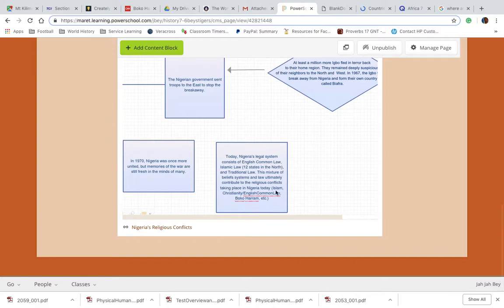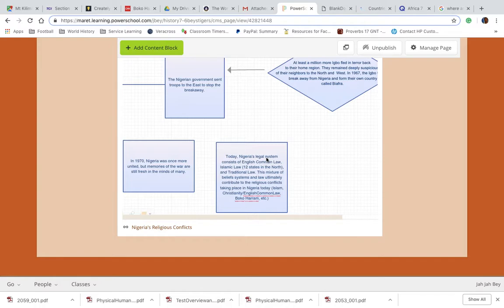Now, in regards to the religious conflict, you have to understand Nigeria, the 12 states in the north are under Islamic rule. They're mostly Muslims up there, and they're mostly under Islamic rule and Islamic laws. However, the East and the West, they contain a mixture, and even in the North, there's a mixture of Christians as well.